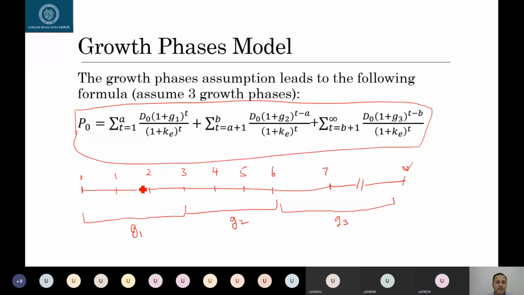So what I'm really interested in is to discount all the dividends for the first phase with G1, and then discount all the dividends with growth G2, and then for the last phase, of course, we have to use that perpetuity formula.